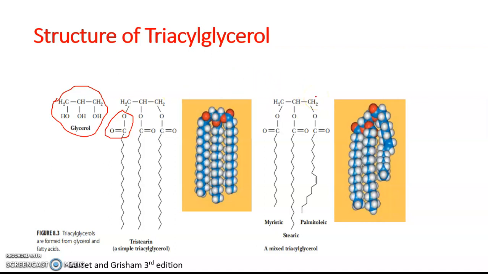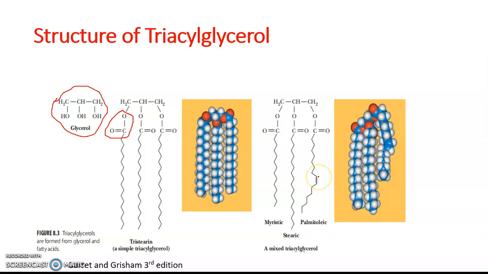Here we have a mixed triacylglycerol, in which the first one we have myristic acid, which is carbon 14. We have stearic acid, which is carbon 18, and we have palmitoleic acid, which is carbon 16, with a double bond between 9 and 10. As you can see, this is 1, 2, 3, 4, 5, 6, 7, 8, 9.